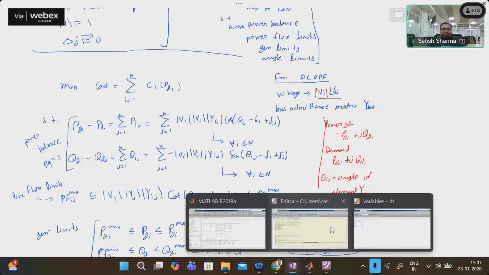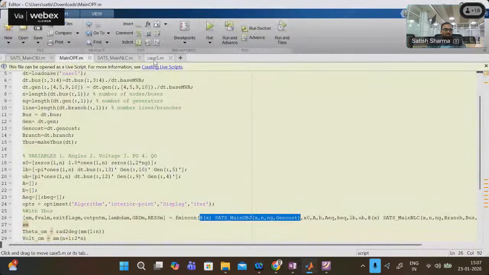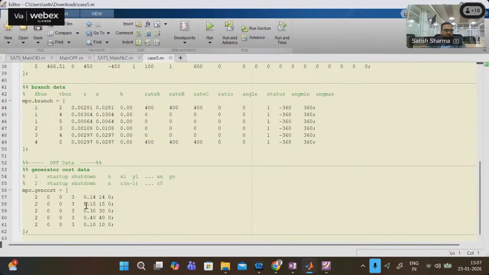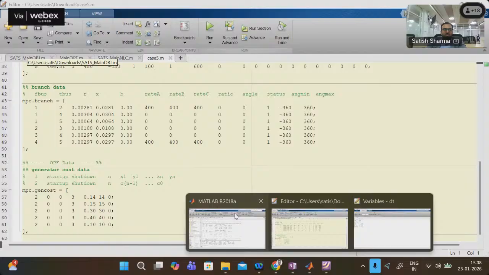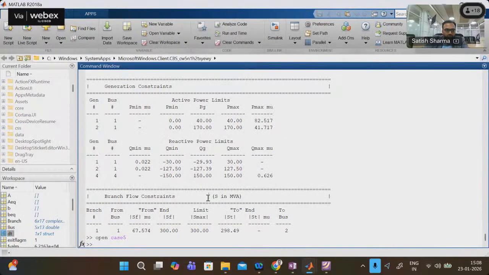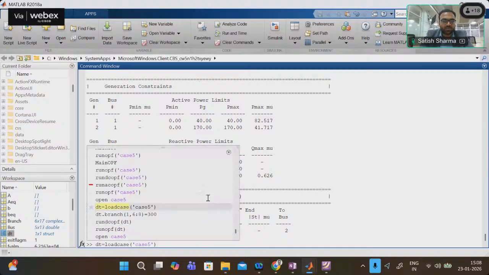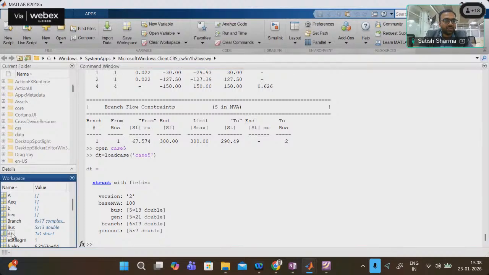And if I look at the cost function, it is basically, okay, wait. dt equals load case and case 5. Let me see the dt.